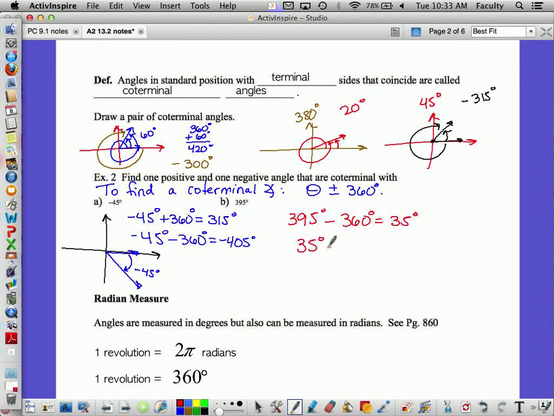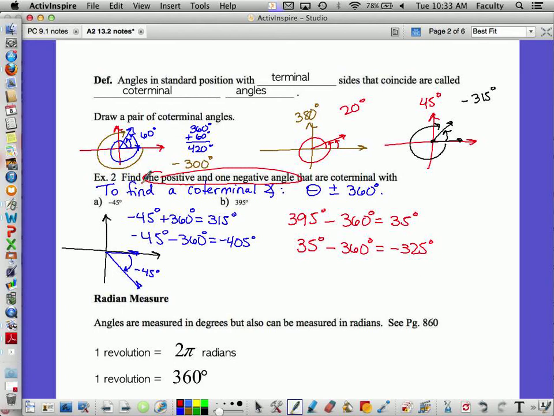But the first time I subtract, I still have a positive. Do you understand it said find one positive and one negative? That doesn't mean you add one, subtract one. And sometimes you can add 360 twice if it's a pretty big negative angle. All right, does that make sense?